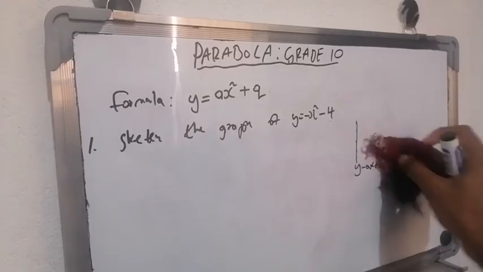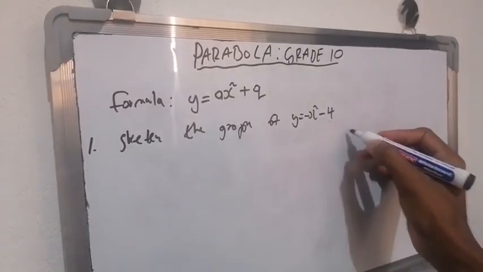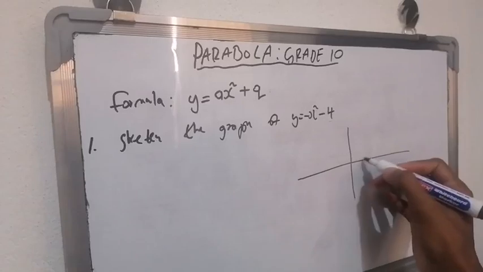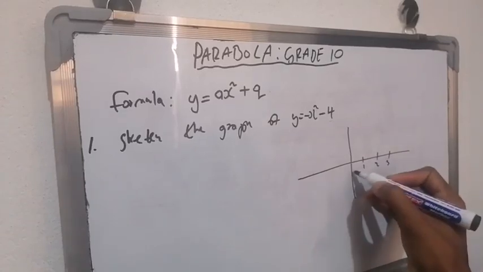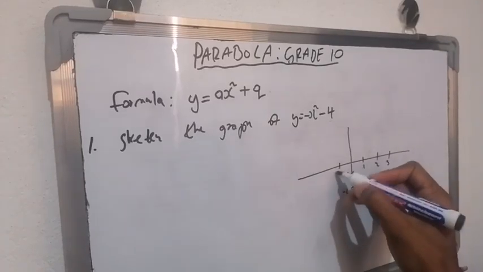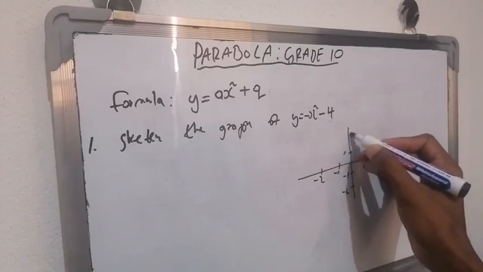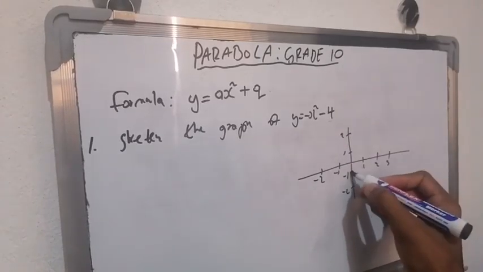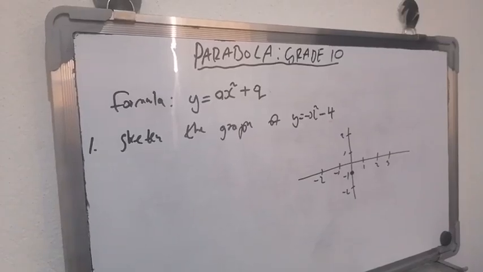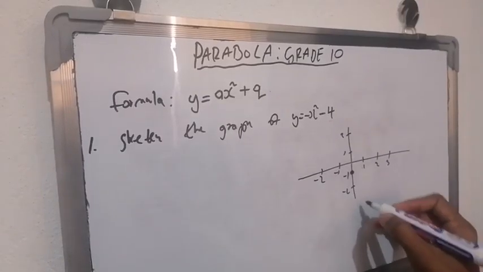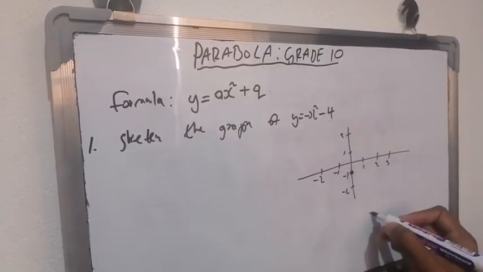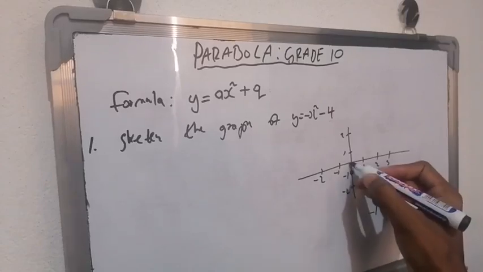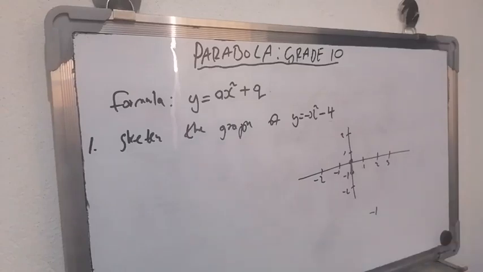For example, if you look at this graph, you have 1, 2, 3, negative 1, negative 2. Any point on that line, if I randomly pick this point, the value of y there is negative 1, but my x is 0.